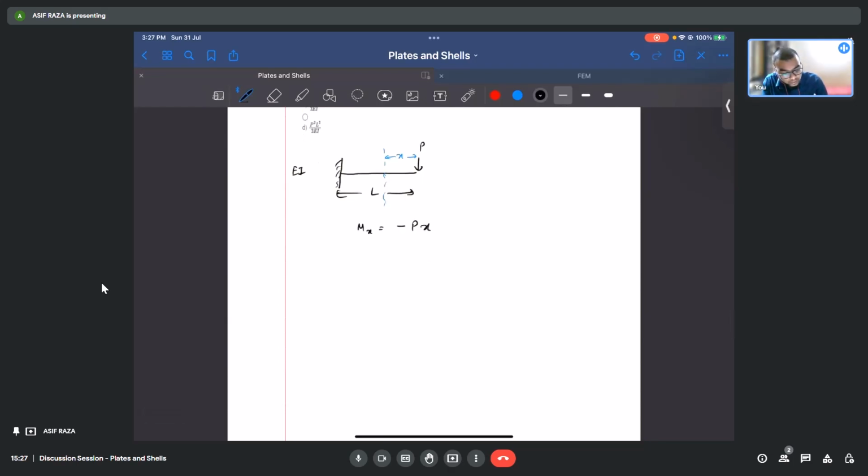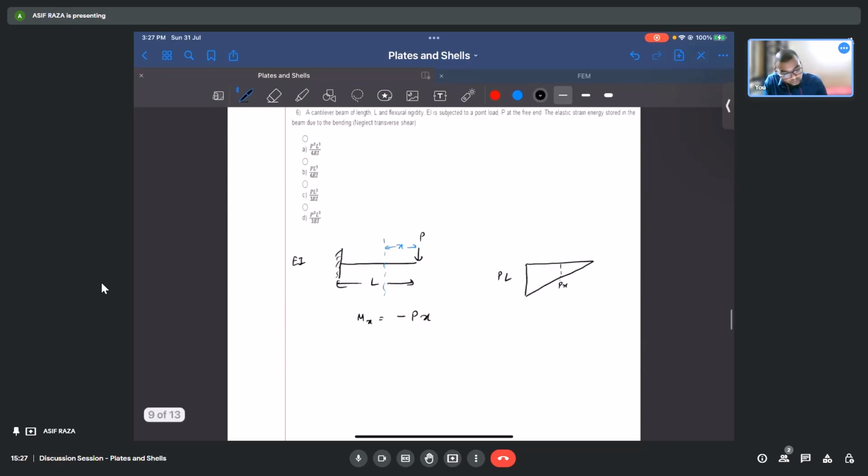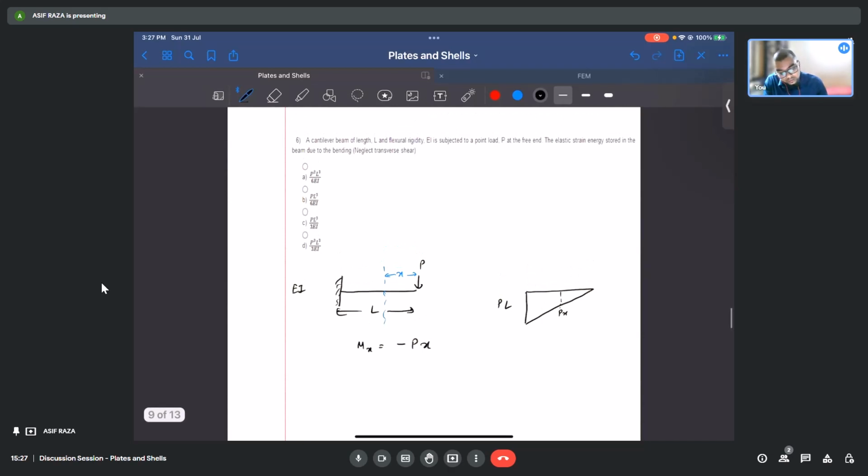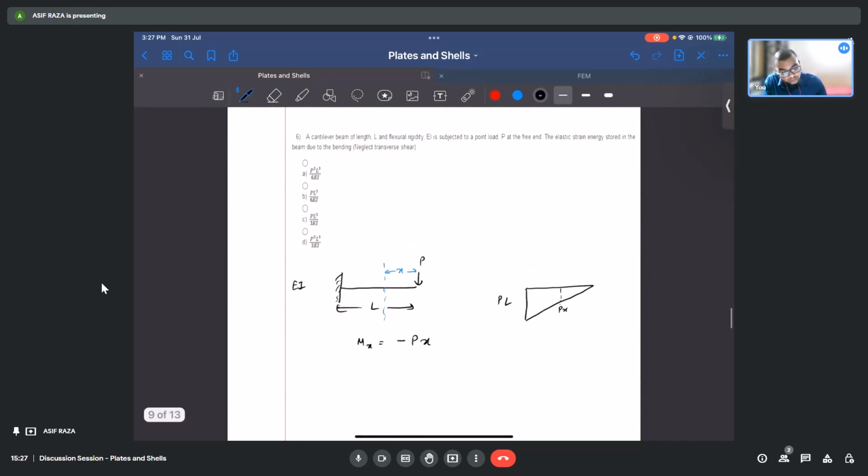And the bending moment diagram of this has a maximum of PL. The question asked is, what is the elastic strain energy stored in the structure?